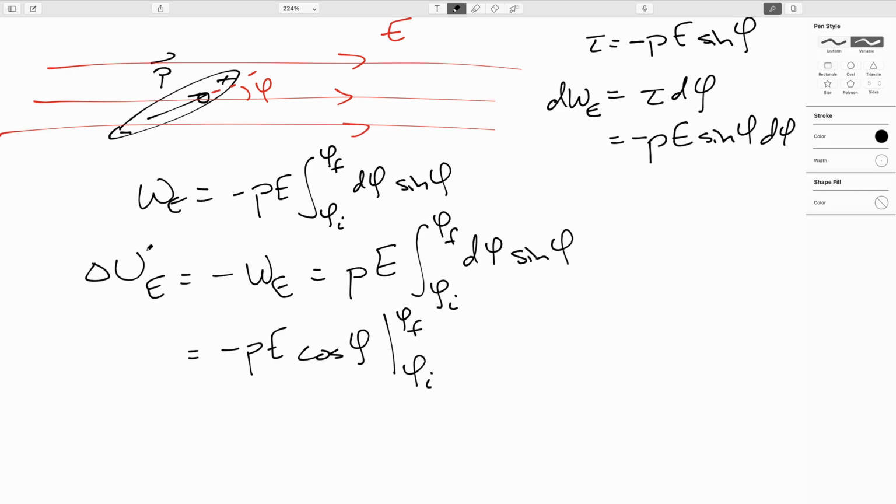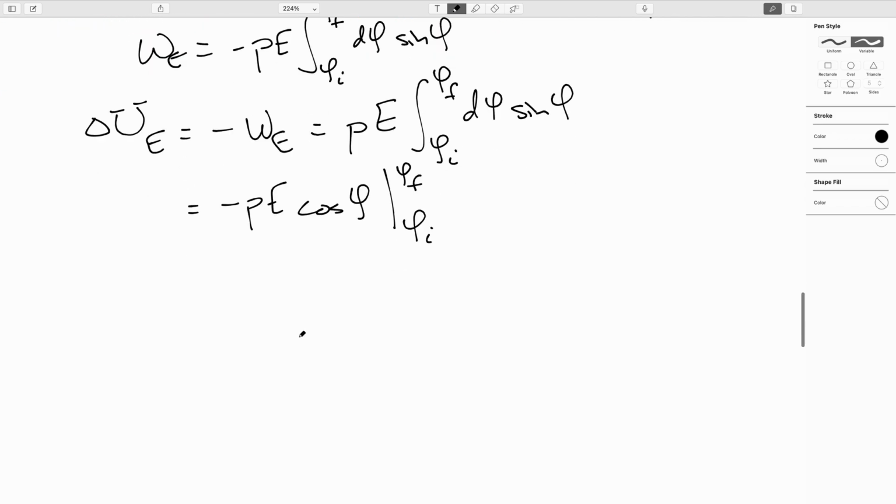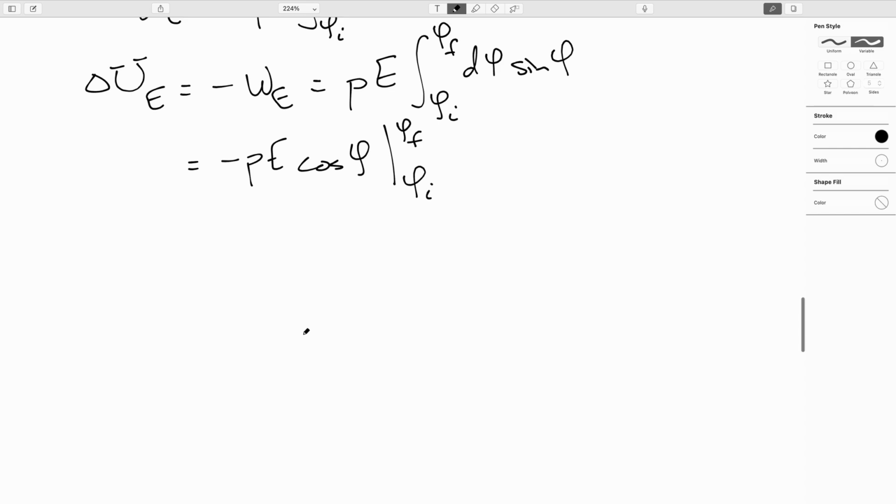Now, if I want to choose a potential energy function, once again, I am free to do it to within an additive constant, but it'll probably make the most sense to choose that the potential energy for a dipole as a function of angle will just be minus PE cosine phi.